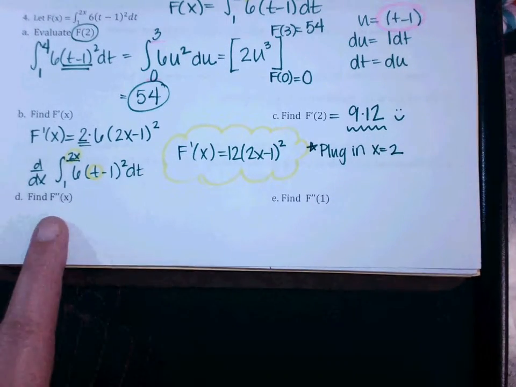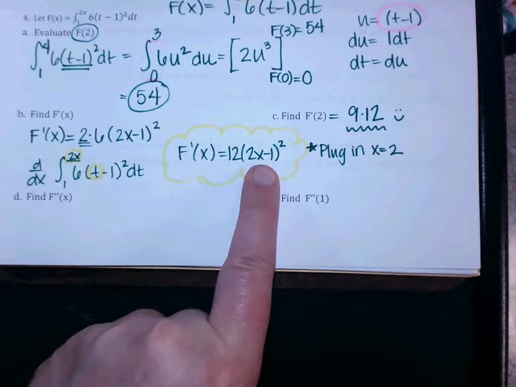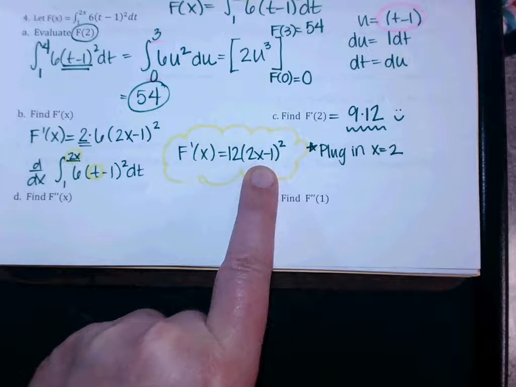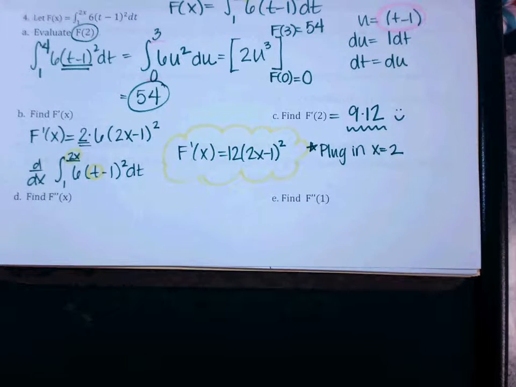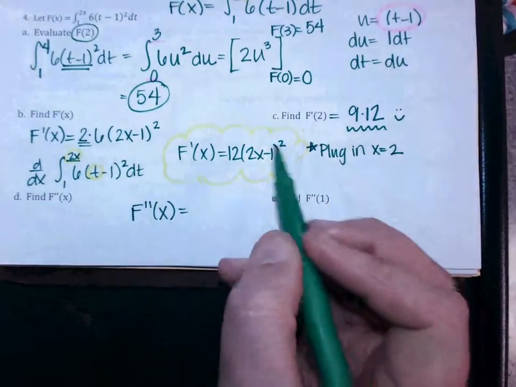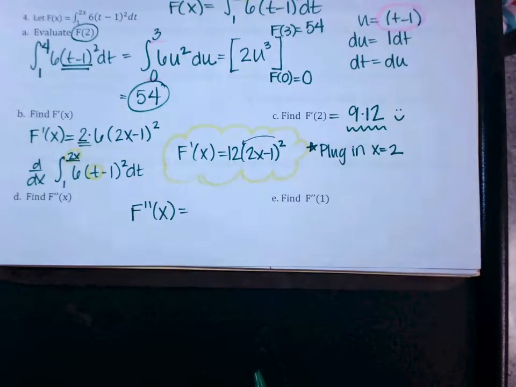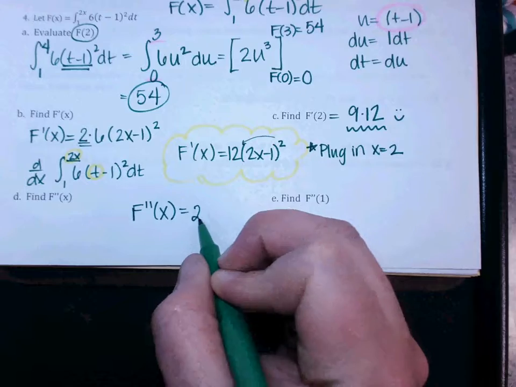Alright, next one. Now I want f double prime. Okay, what rule am I going to need to use if 2x minus 1 is all squared? Choices are product, quotient, chain. Chain rule. Let's do f double prime. Ready? Okay, what do I do with my exponent? Okay, what's 2 times 12 in the front? 24.